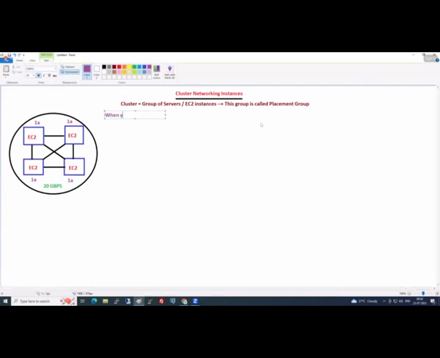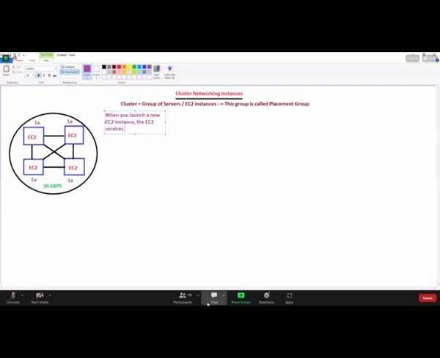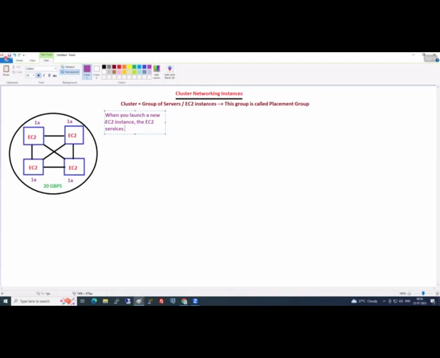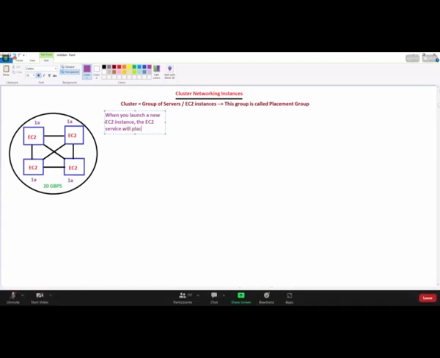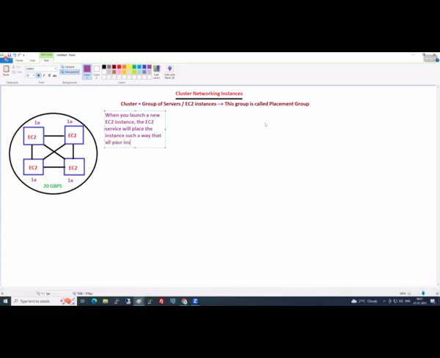Okay. So when you launch a new EC2 instance, the EC2 same rack. Don't you know rack? What is rack? Shelf, right? Same rack means same shelf. The EC2 service will place the instances in such a way that all your instances are spread out across different hardware.